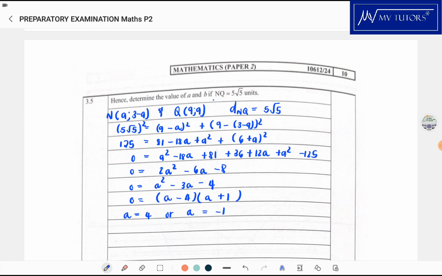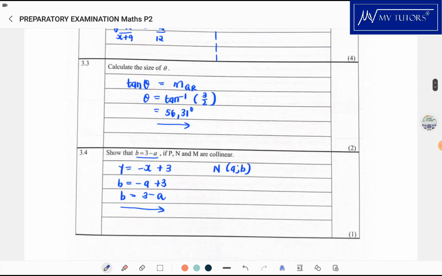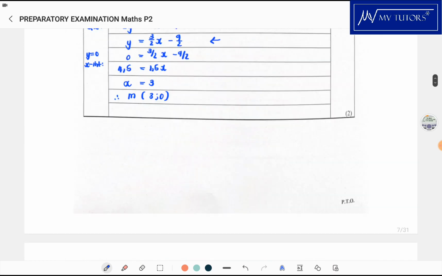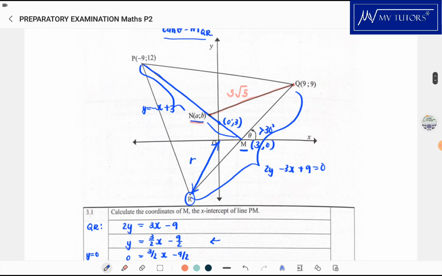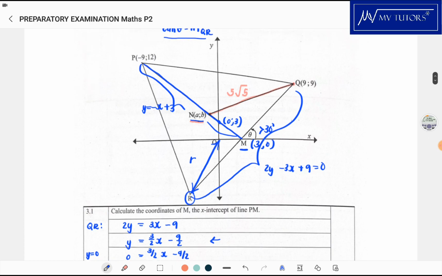But in terms of N, we need to look at which quadrant N is in. Between 4 and negative 1, N is on the negative side of the x-axis, so we are expecting A to be negative 1.